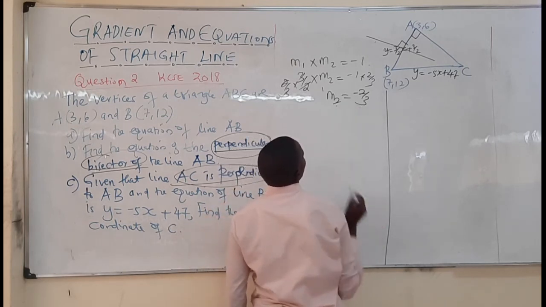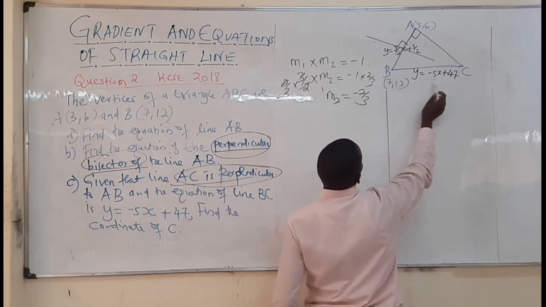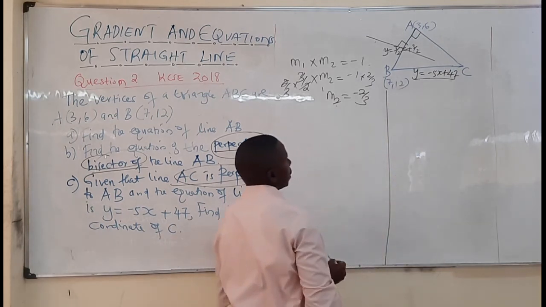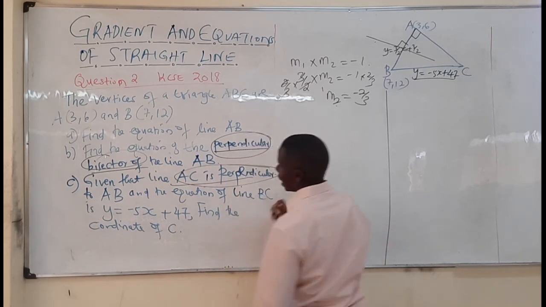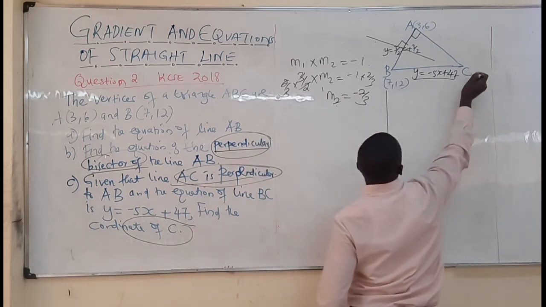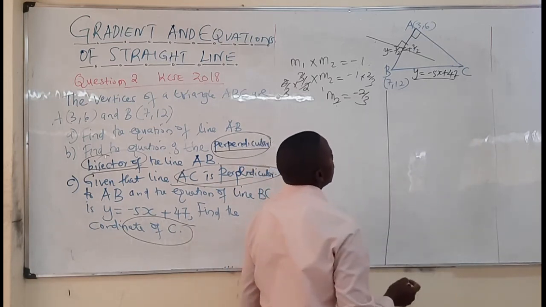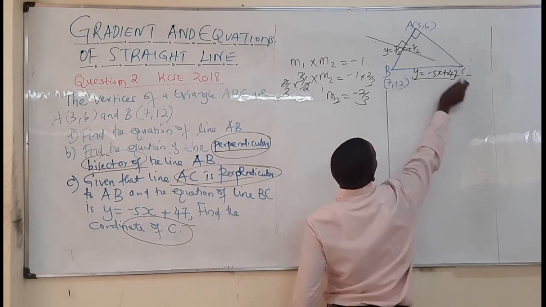You have also been told that the equation of BC is y equals minus 5x plus 47, and we are interested in getting the coordinates of C. To get the coordinates of C, the first thing we are going to do is to get the equation of AC.